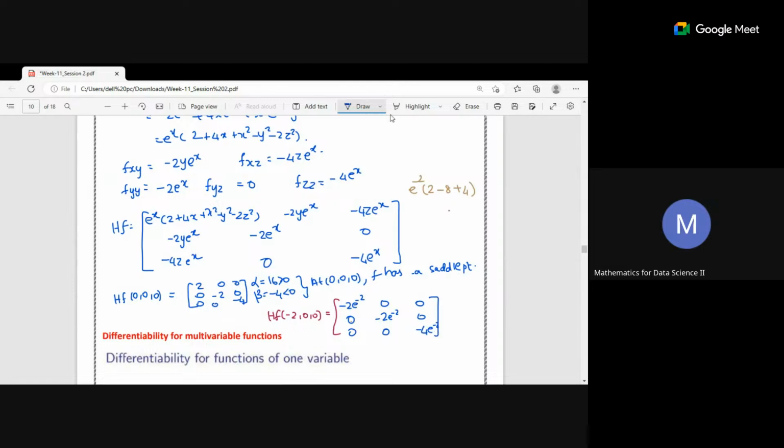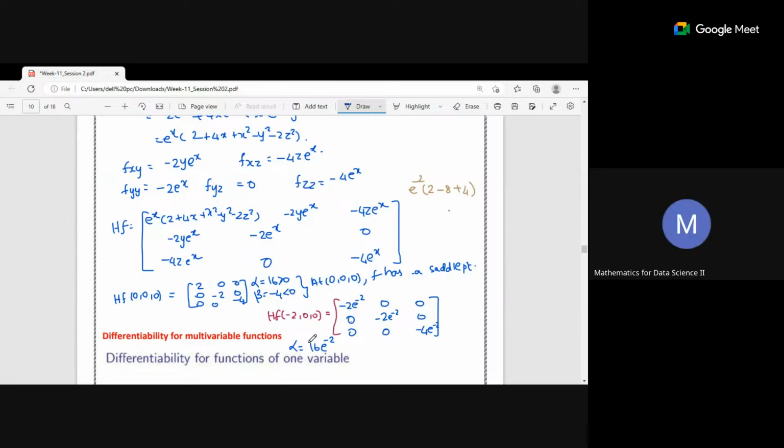Okay. Now, what is your alpha here? Alpha is 16 e power minus 2. What is the sign of alpha? Negative. Ma'am, alpha is minus 16 e power minus 2, no?